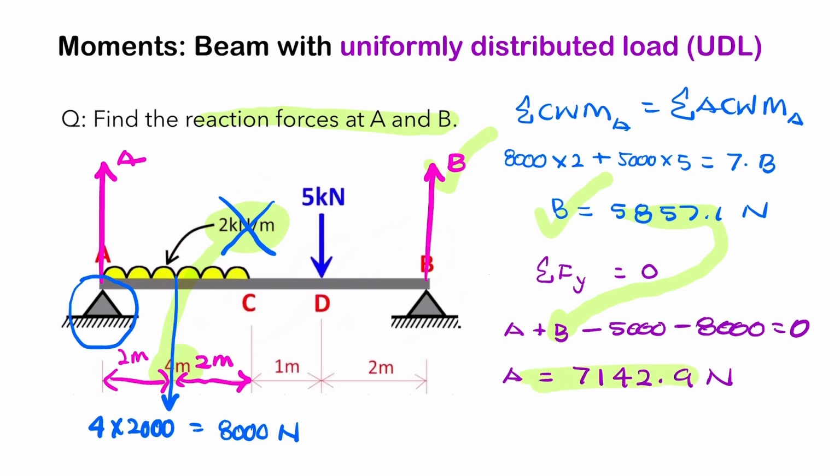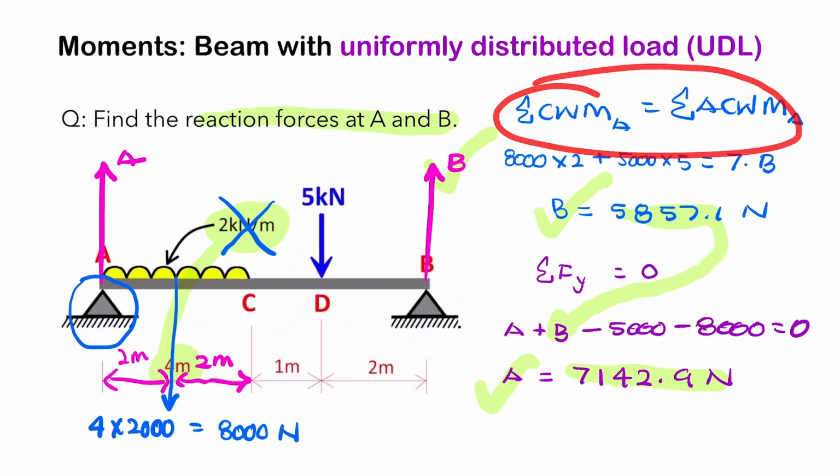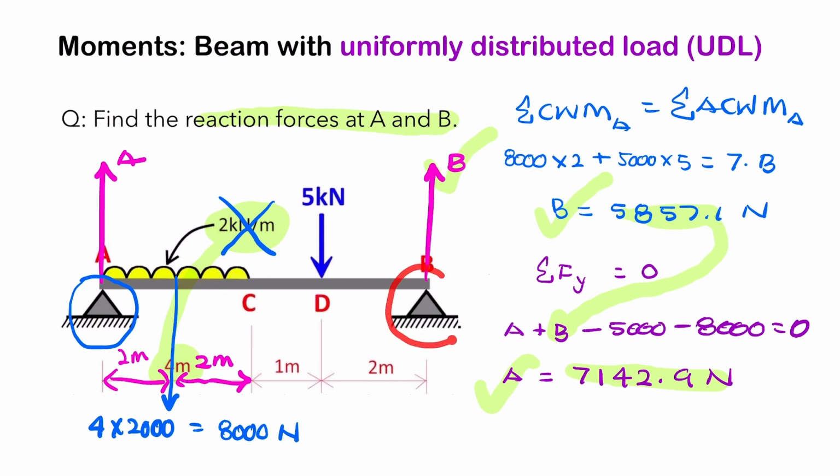So that's my second reaction. So we found our two reactions using the principle of moments and using Newton's first law, the law of equilibrium. We could have taken moments around B, and that would have given us A directly.